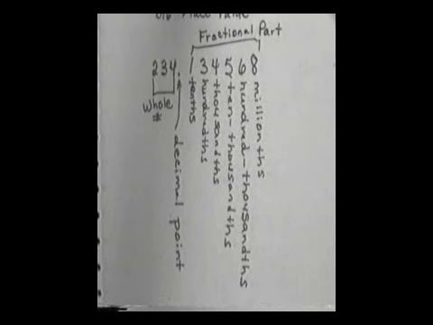I've taken the same number and broken it apart into pieces. The part of the number that comes before the decimal, the 234, is the whole number. Then you see the decimal point.